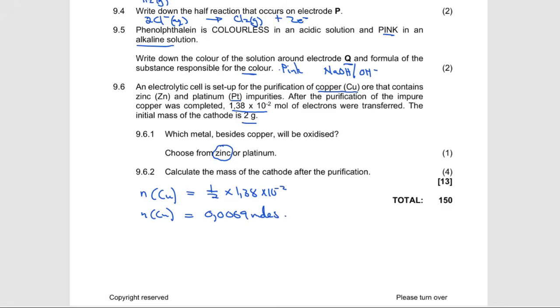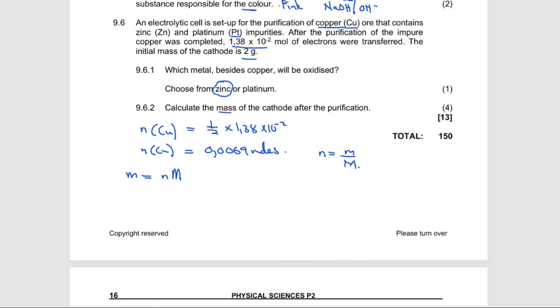So this is what we're having. Then remember I asked in terms of the mass. The number of moles is equivalent to the mass over the molar mass. Making m the subject of the formula, m is equivalent to n times M. Substituting the values, the mass is the number of moles we calculated, 0,0069, multiplied by the molar mass, which is 63,5.